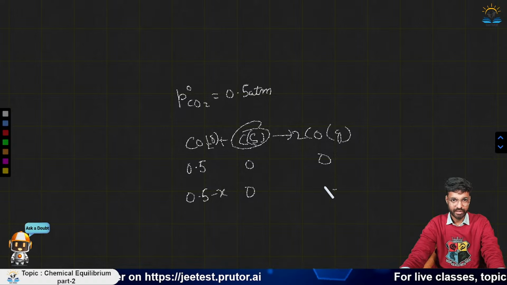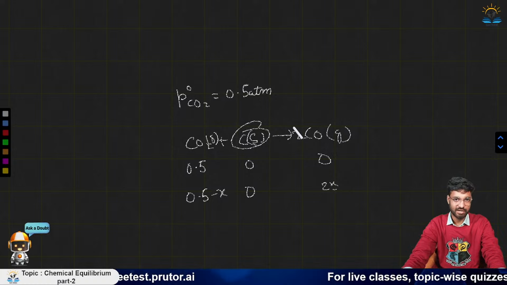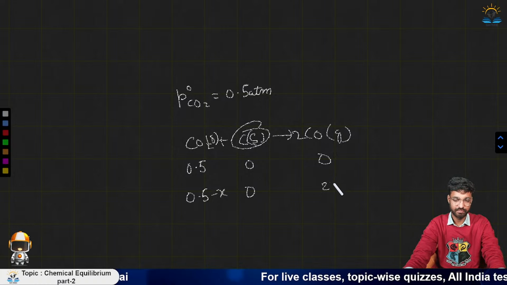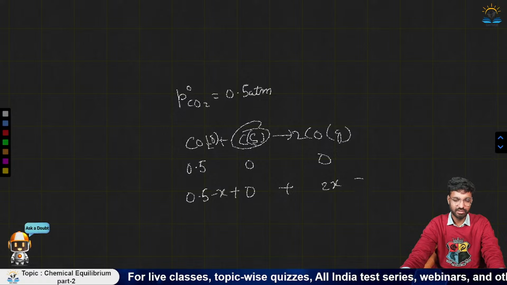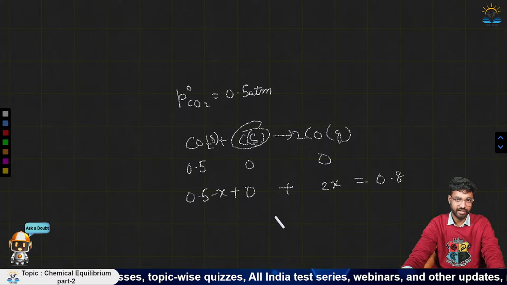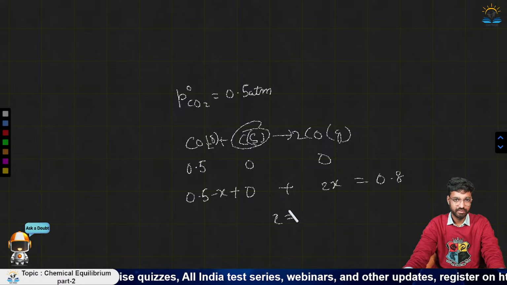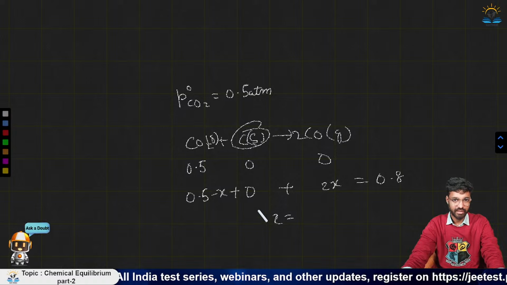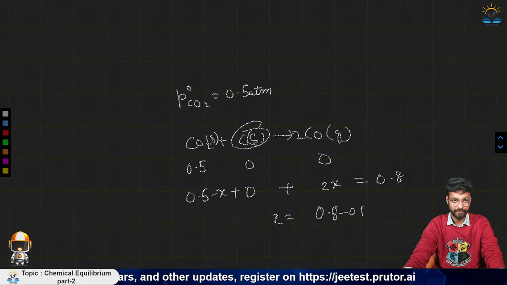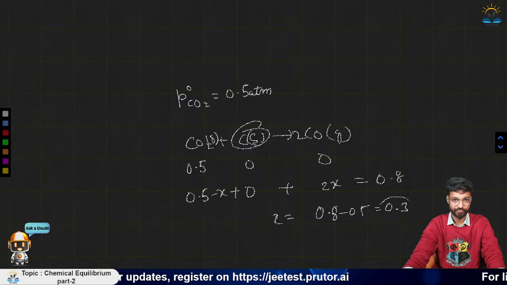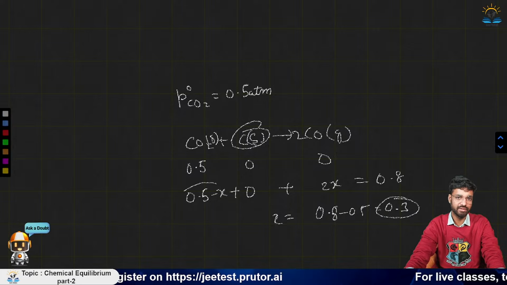And we will get 2x of CO because 1 mole reacts and 2 moles are formed. It is said that the sum of all these pressure terms equals 0.8. So x is equal to 0.8 minus 0.5, which is 0.3. This is the value of x here.